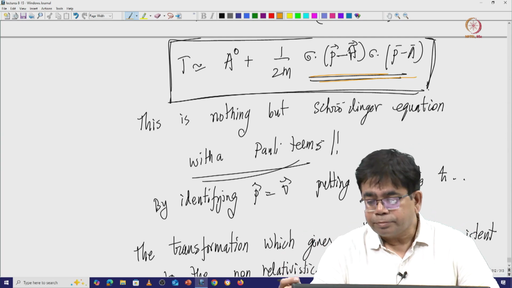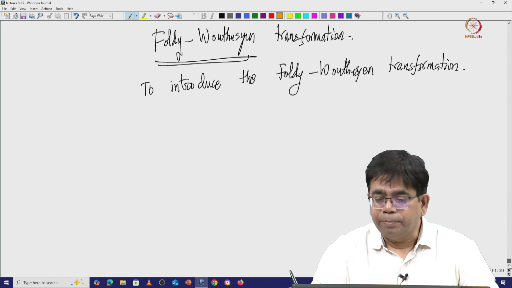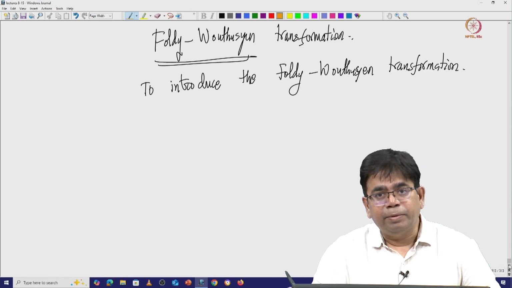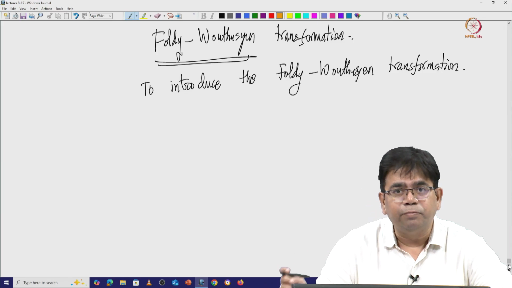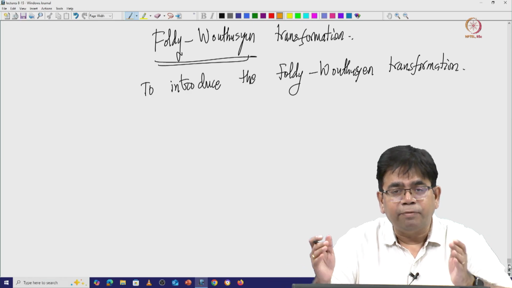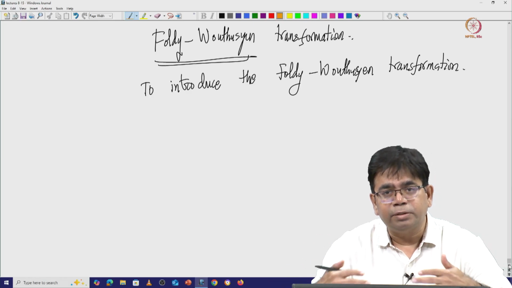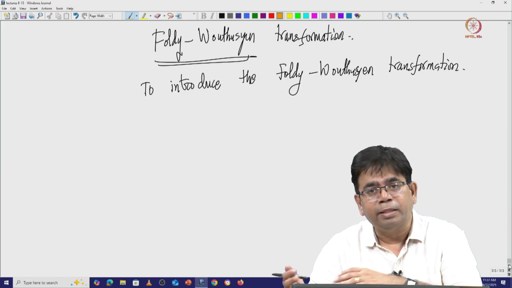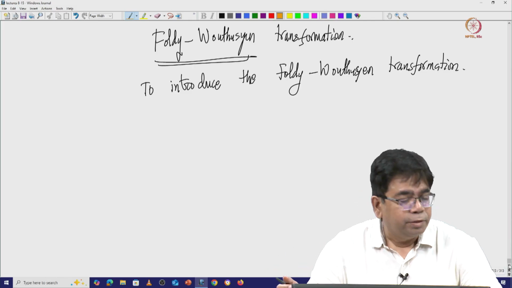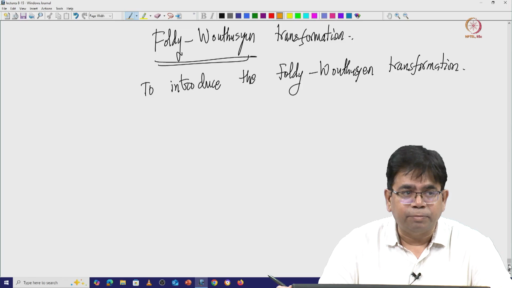The best way is to use the Foldy-Wouthuysen transformation, starting from the relativistic system and using a series of unitary transformations one by one. So what does the Foldy-Wouthuysen transformation look like?